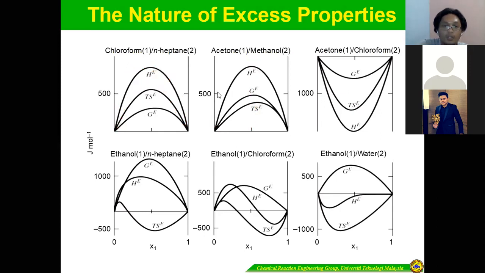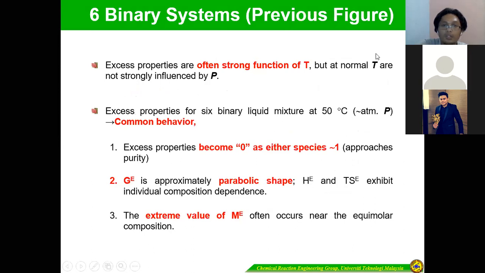Look at the nature of the excess properties: they become 0 as the other species approaches 1, which is approaching purity. G^E has a parabolic shape, something like this. The extreme value or optimum is at equimolar composition, that means this one is almost 0.5. This is the nature of the properties.